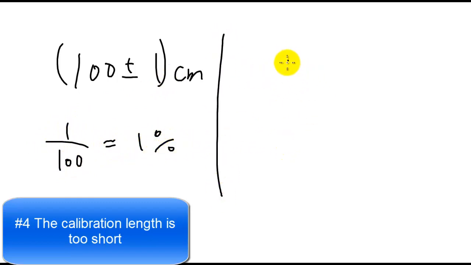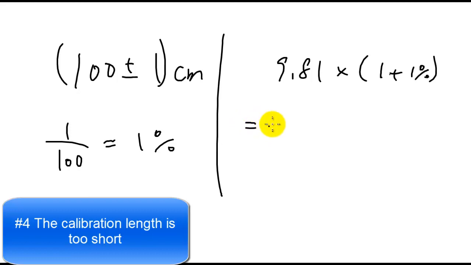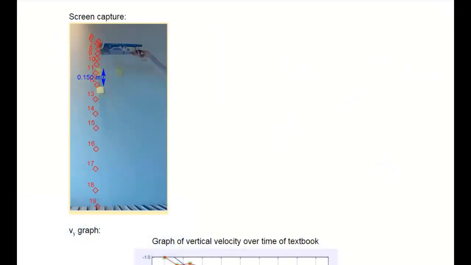And talking about the gravity, which is 9.81, having 1% of error would give you just a number of 9.9081, so it doesn't seem a lot in this case. And therefore it is strongly recommended that you take as long a calibration length as possible, as long as it is reliable.